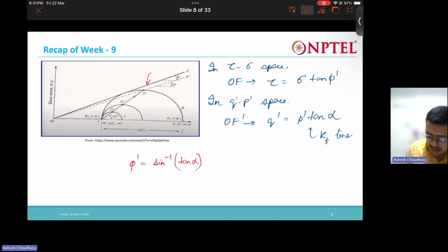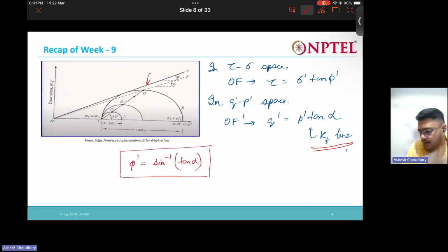This is the equation for the OF prime, that is the kf line. If you do some math, you will see that phi prime is nothing but sine inverse of tan alpha.